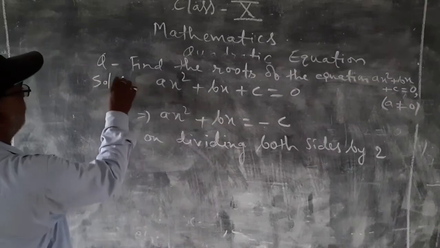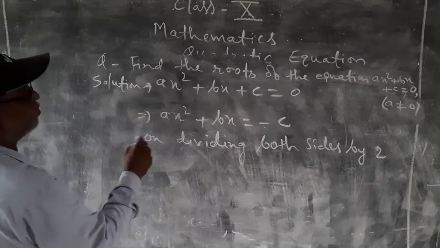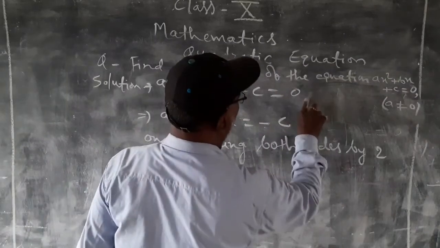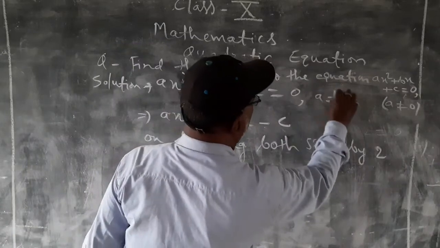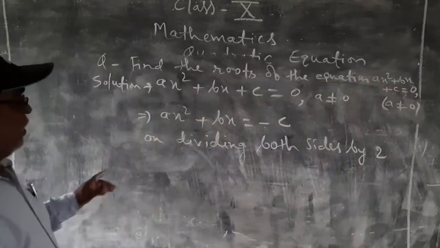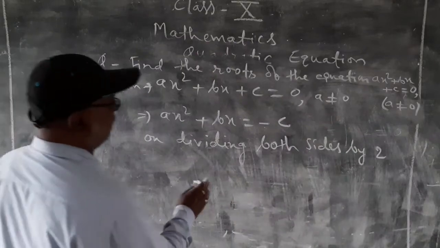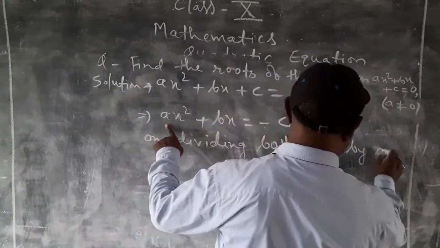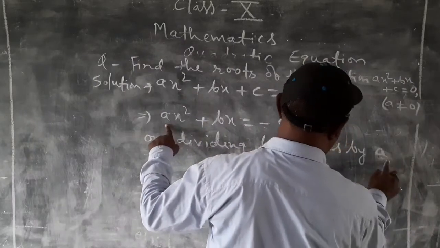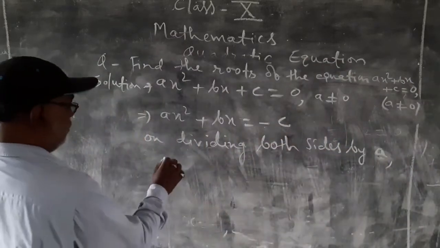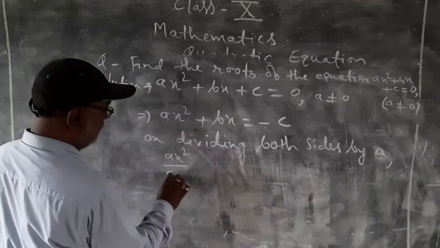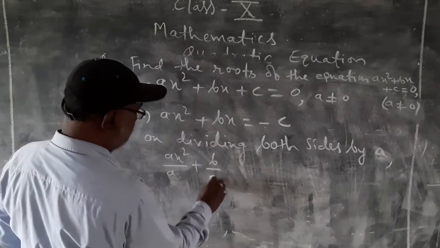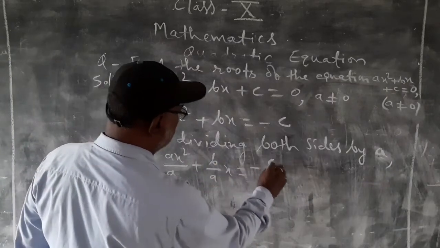The solution begins from here. a is not equal to 0. Now, on dividing both sides by a, not by 2a, you have ax squared by a plus bx by a equal to minus c by a.